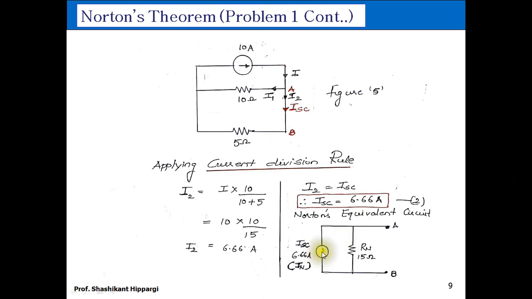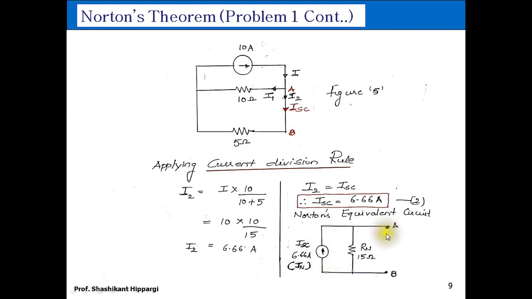ISC, see here, now the current is moving from A to B, so the current should go from A to B. If the current has to move from A to B, then the current should come from this direction. If the current has to enter the point A from left to right, then from here the current should move from bottom to top. This is very important.